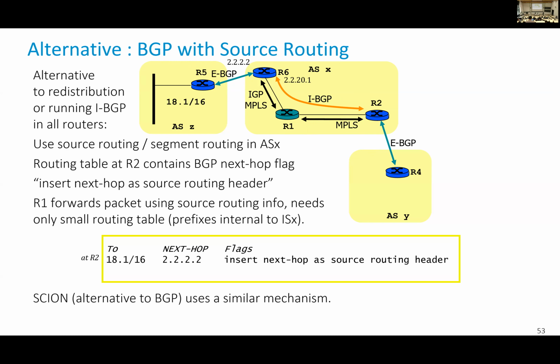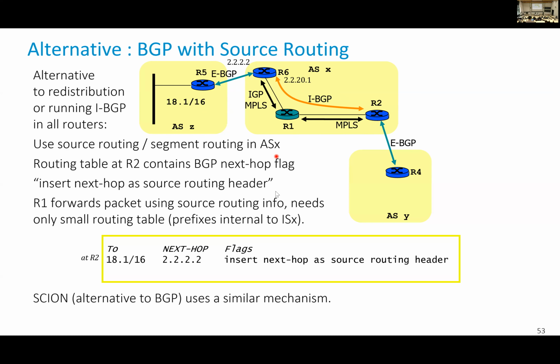R2 has to run BGP. There's no way R2 can escape this. So when R2 has a packet to send to this final destination here, it knows the next hop is 222. So an obvious thing is to use as a source routing header the intermediate destination 222.